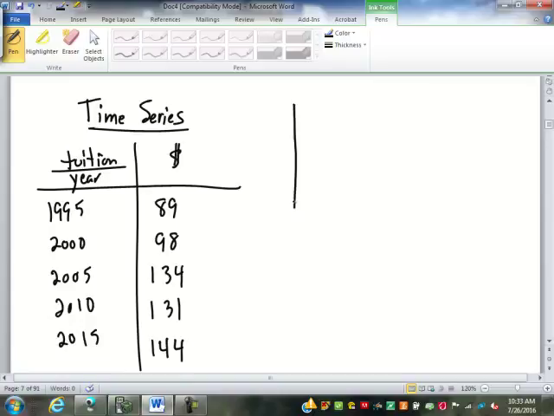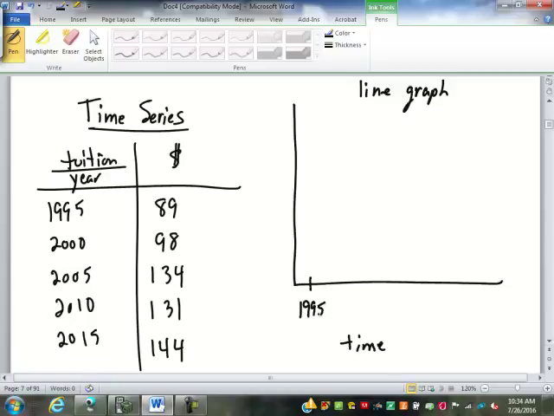So if I'm going to graph this, I'm going to use what's called a line graph. And a line graph represents the changes in this value over time. Time will always go across the bottom line here. This will be 1995, 2000, 2005, 2010, and 2015.